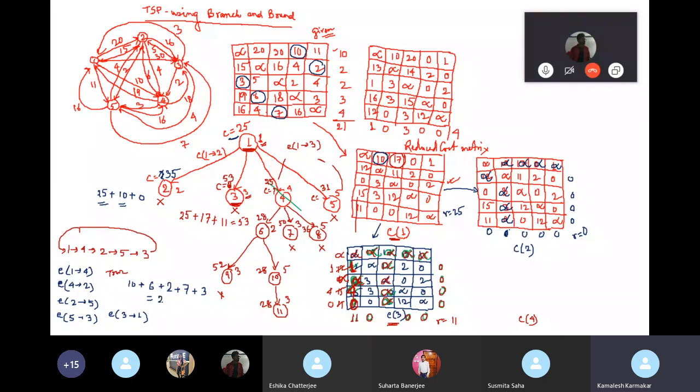So it's 28. This is the cost of the tour. The cost of the tour is 28, as you are getting it here.